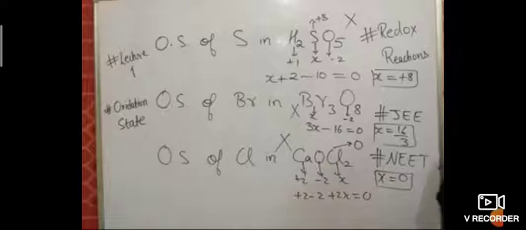So the oxidation state of phosphorus is +3. Why +3? Because it has lost control over 3 electrons. And the oxidation number of chlorine is -1 because chlorine accepts that electron and has the control over it.